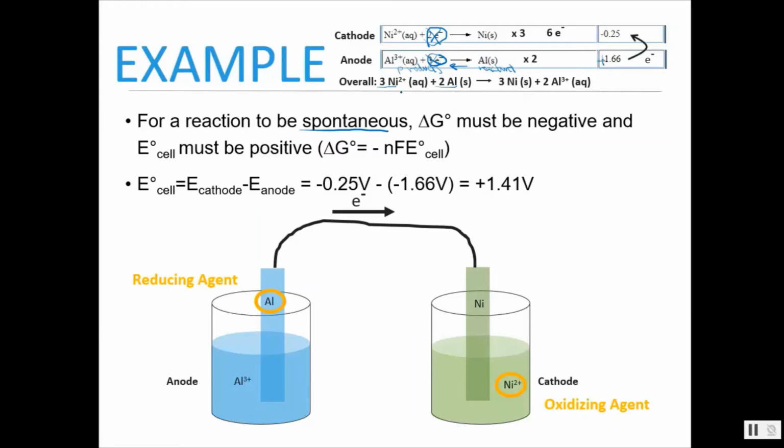Then to identify the oxidizing and reducing agent, our oxidizing agent is going to be the substance that's reduced. And so here, the nickel 2 plus, since it gets reduced, that makes it the oxidizing agent.